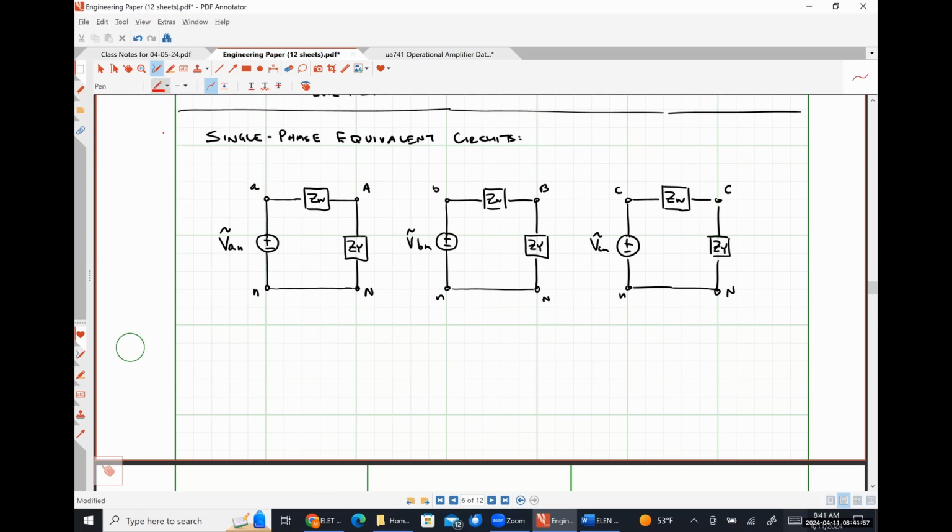So I believe fundamentally that we should be able to determine our line currents, right? IAA, IBB, and ICC very easily. Just for the sake of argument, how might we go about doing that? Let's just worry about the A phase here.